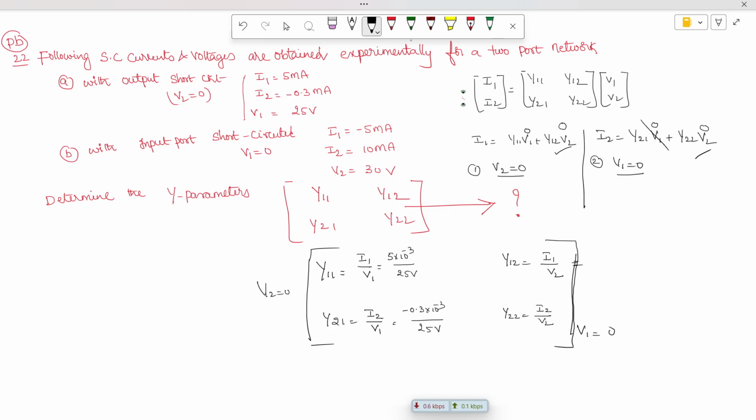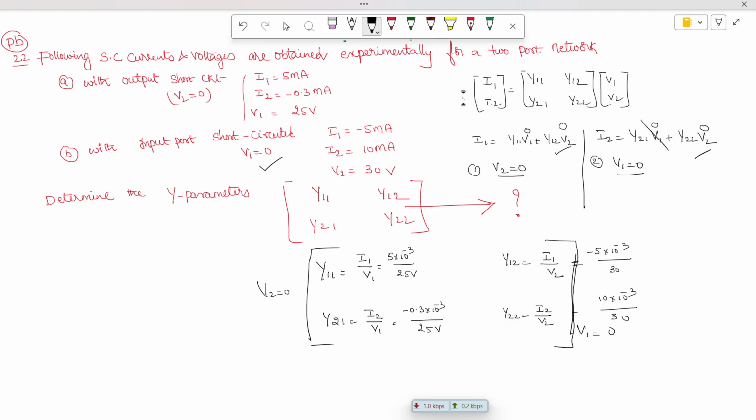And these are obtained by making the input short circuit. I1 is minus 5 into 10 to the power minus 3 divided by V2, which is 30 volts. And here I2 is 10 into 10 to the power minus 3 divided by V2, which is 30 volts.